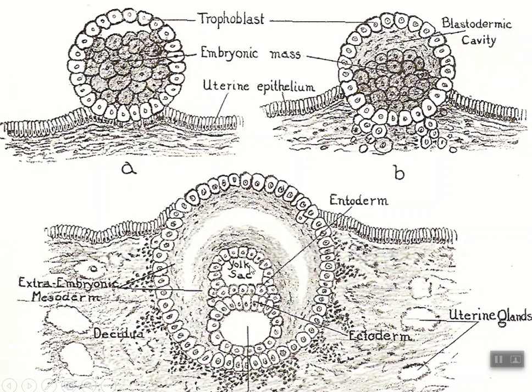Here also is the decidua, that is the endometrium of the pregnant uterus, and there are endoderm, ectoderm, and mesoderm that we'll discuss later. But remember, an embryonic disc will be formed and 3 layers will be formed.